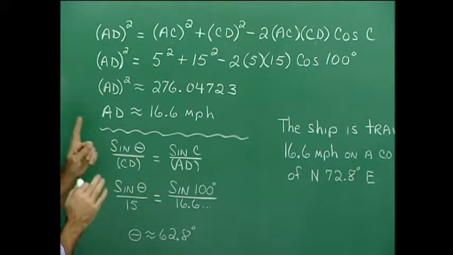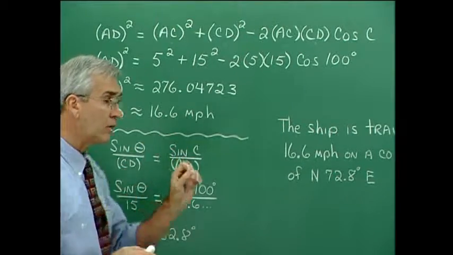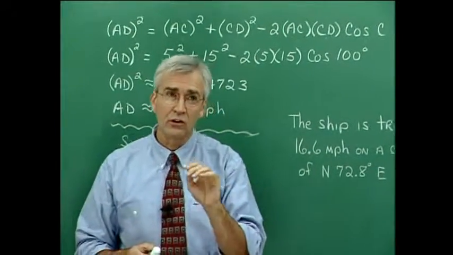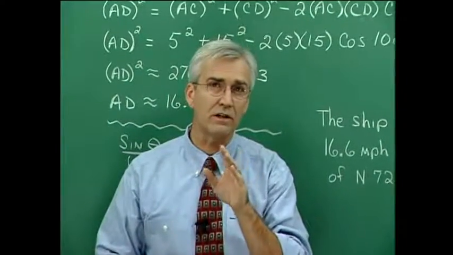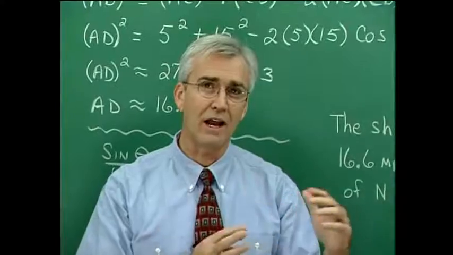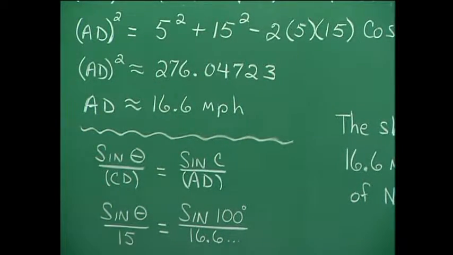That is, the ship is now traveling at 16.6 miles per hour. It was heading due east at exactly 15 miles per hour, but because of the tide vector, the tide is kind of helping it along a little bit. So it's actually traveling at 16.6 miles per hour.